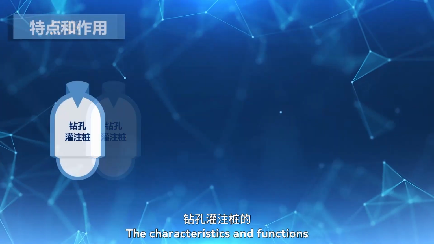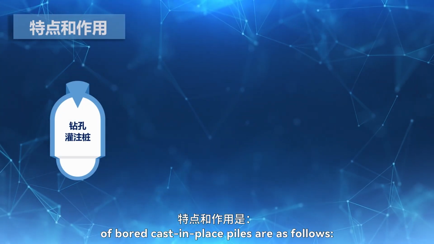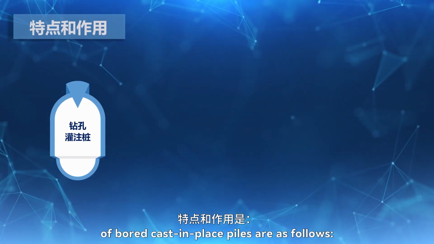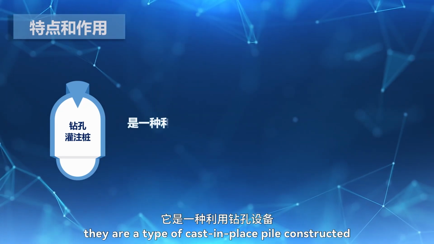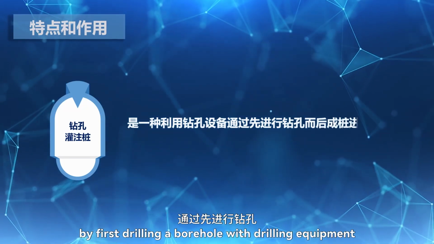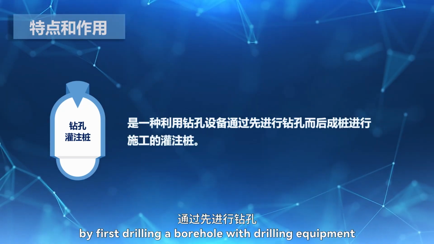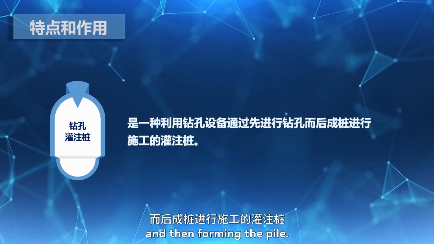The characteristics and functions of bored cast-in-place piles are as follows. They are a type of cast-in-place pile constructed by first drilling a borehole with drilling equipment and then forming the pile.